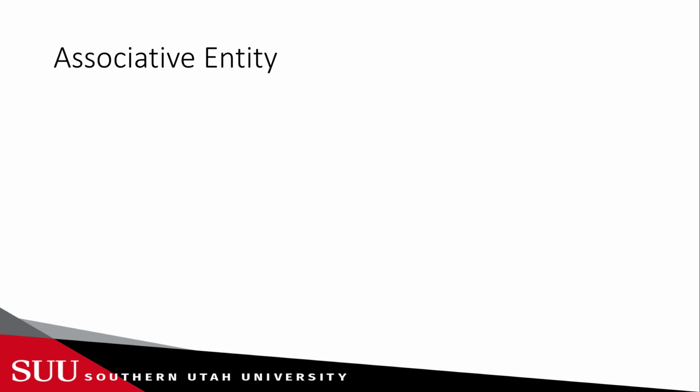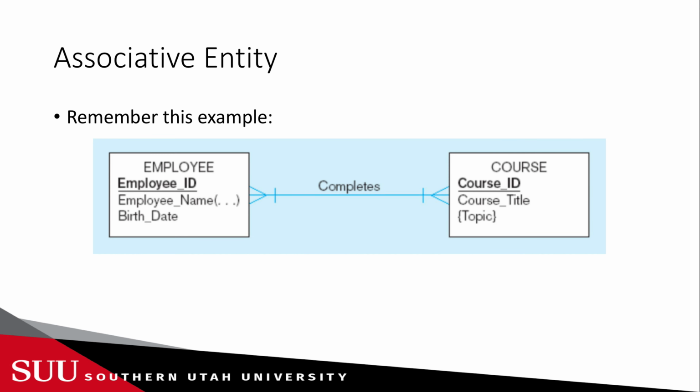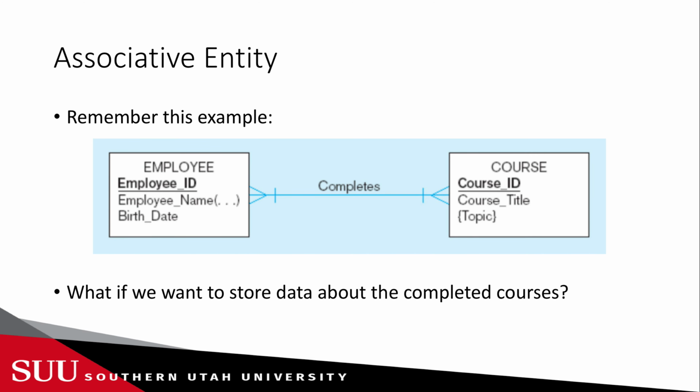So let's look at an example that we've seen before. When we talk about employees completing courses, we said an employee will complete one or more courses, and a course is going to be completed by at least one employee. Now, suppose that I want to save the completion date. So I want to know for employee number one, which completed course number one, when did that employee complete that course?